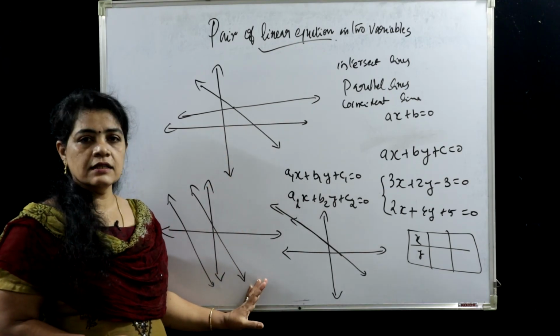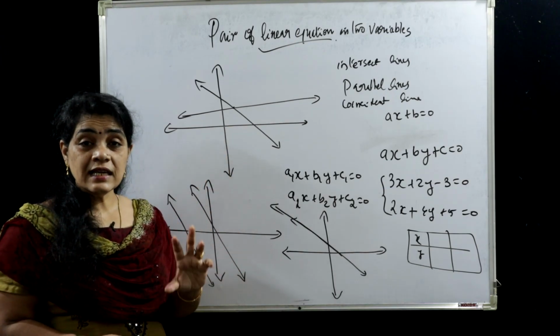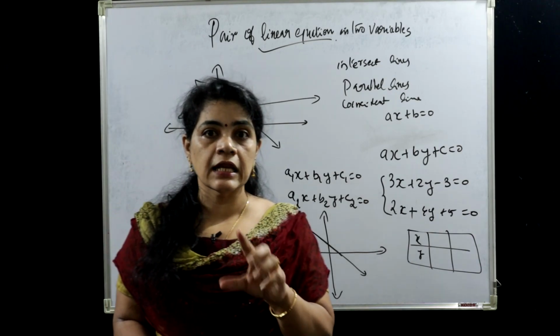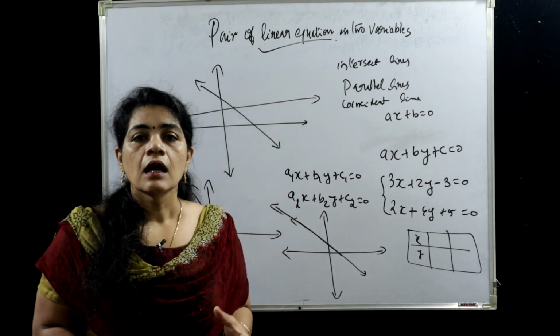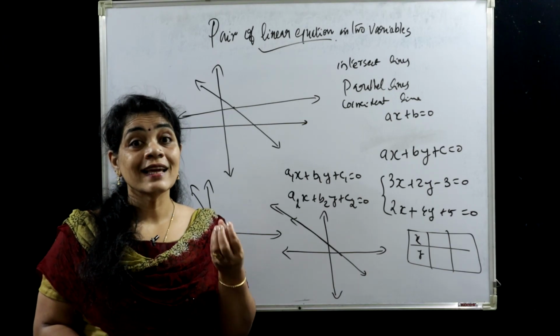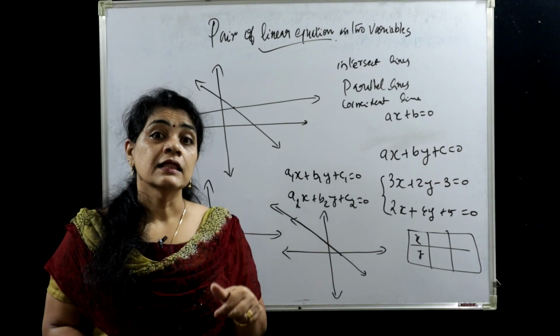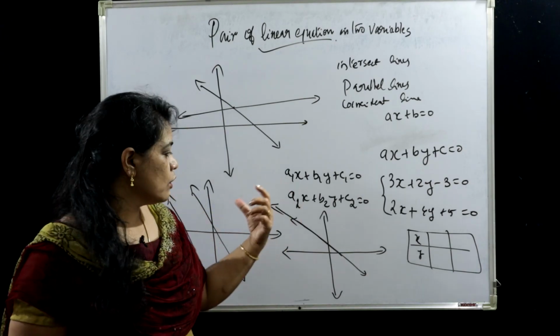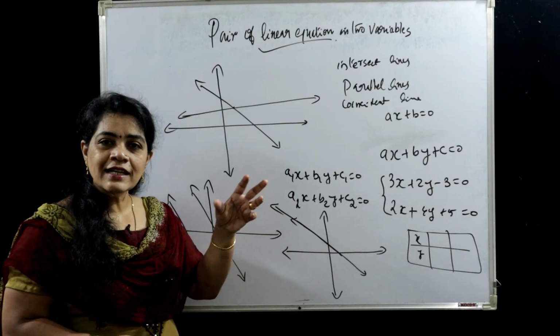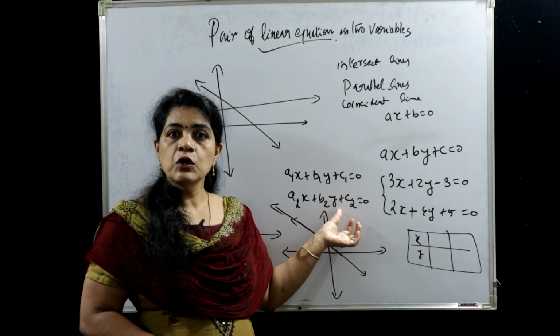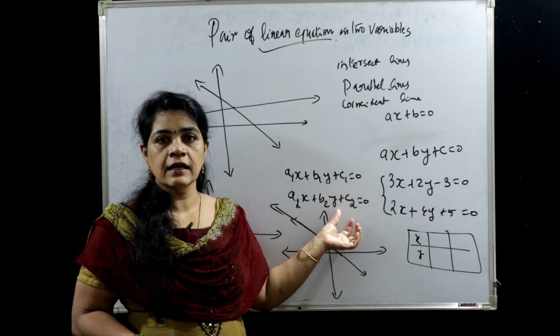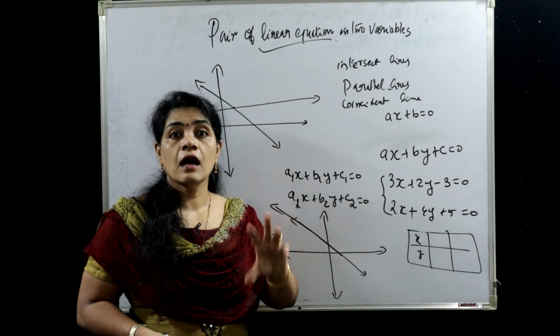In this case, before plotting the graph, after getting this equation, you can conclude what their graph will be. After getting this equation, you can already say what kind of graph it is.